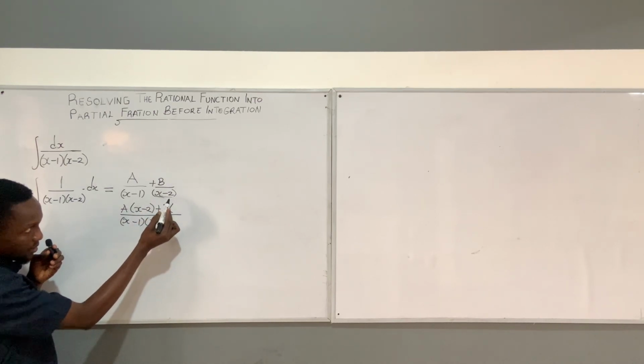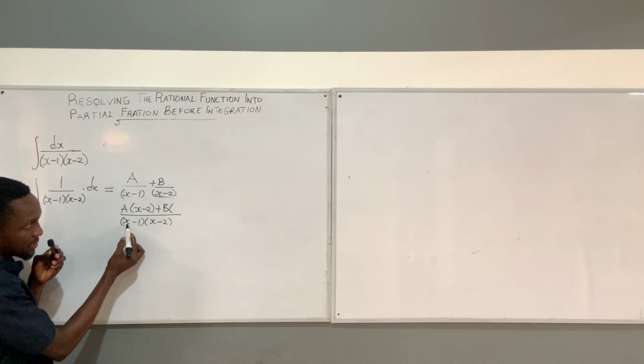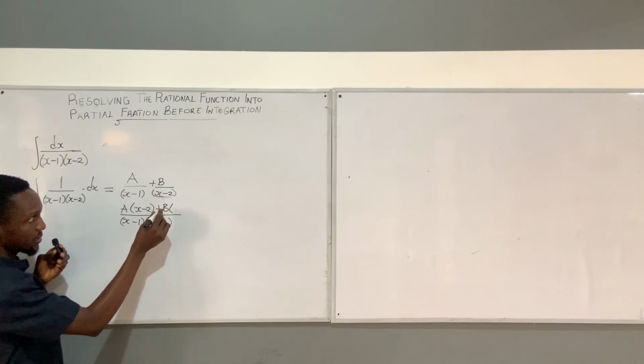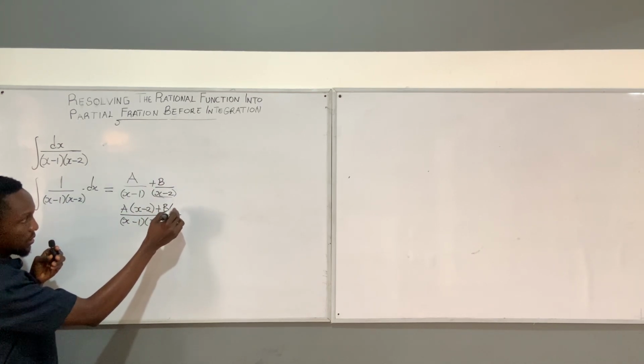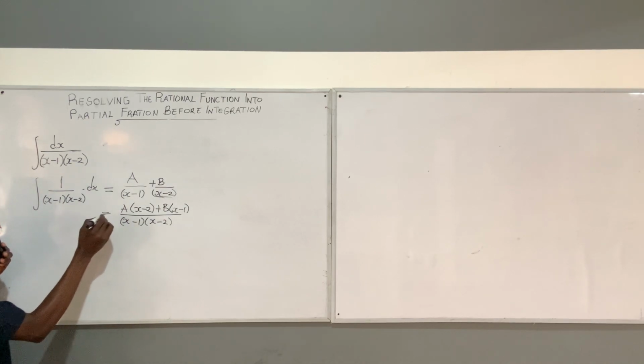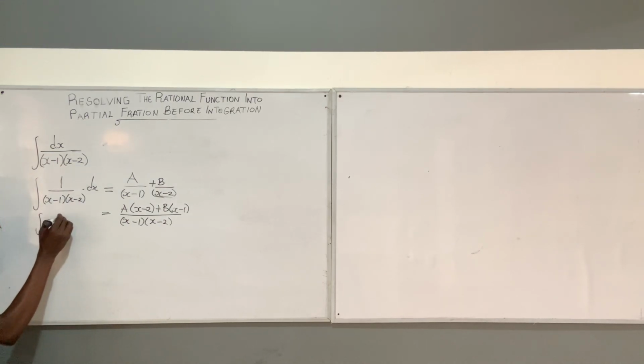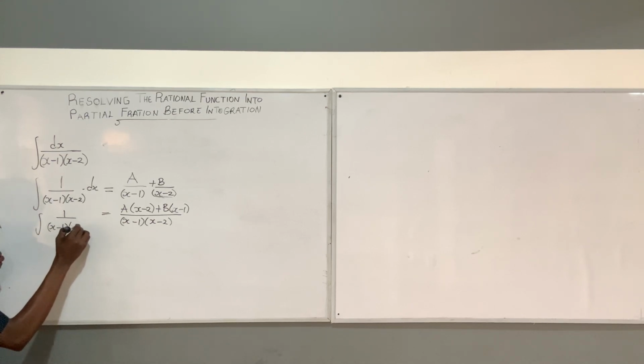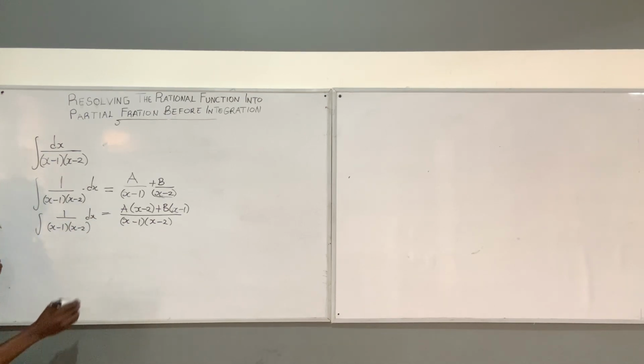This side will cancel this side. We are left with x minus 1. So x minus 1 will multiply B, giving us B(x minus 1) here. This whole equation is equal to the integral of 1 over (x minus 1)(x minus 2) dx.